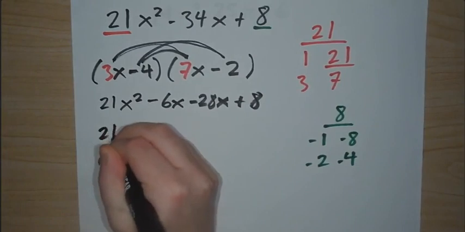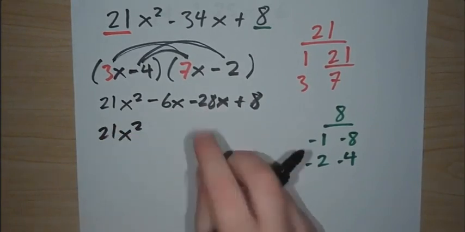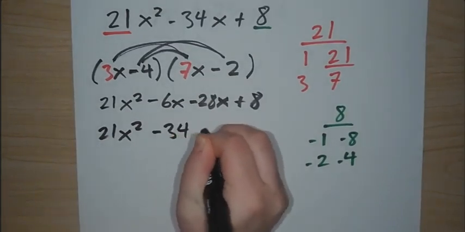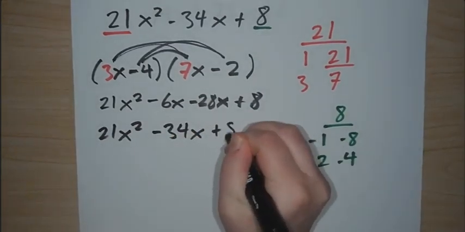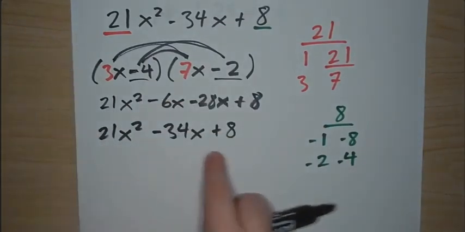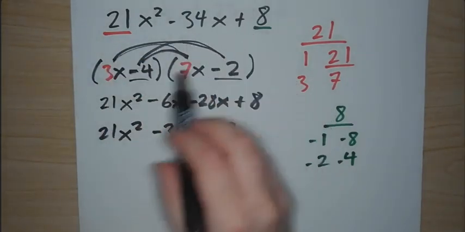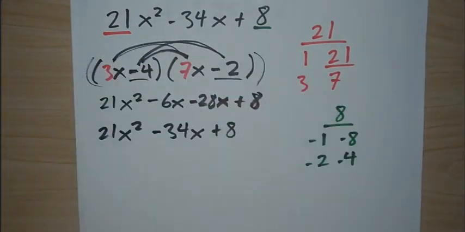And if you'll notice, 21x squared and then negative 6x minus 28x is negative 34x plus 8. And the order does matter for the factors when a is not 1. So we have factored 21x squared minus 34x plus 8 into this right here.